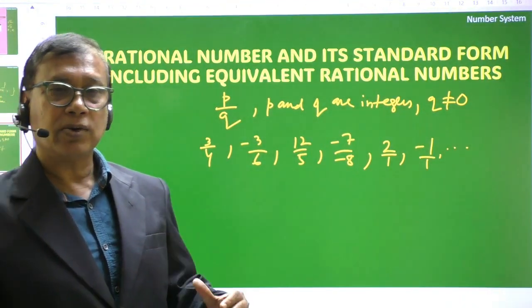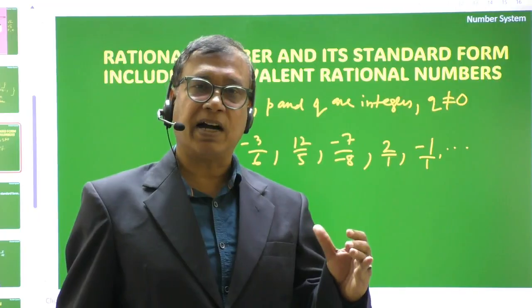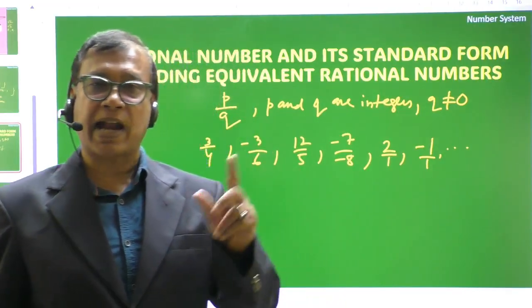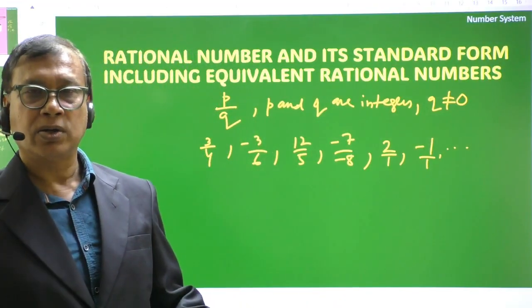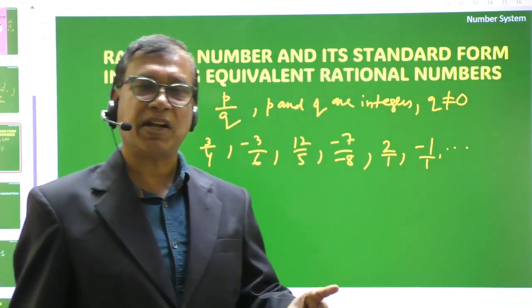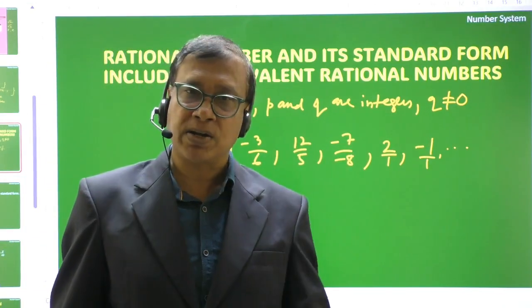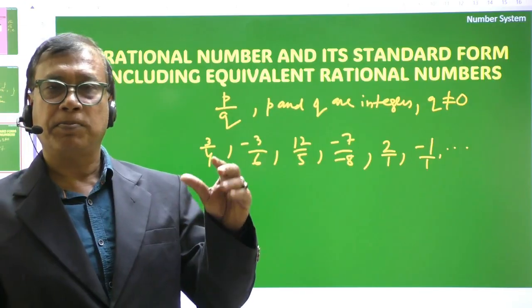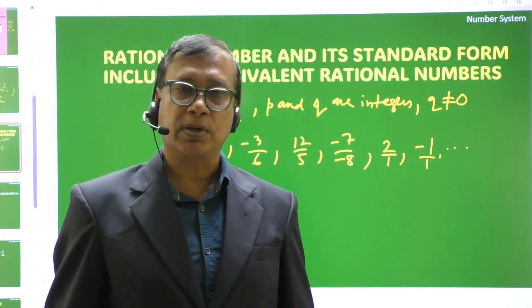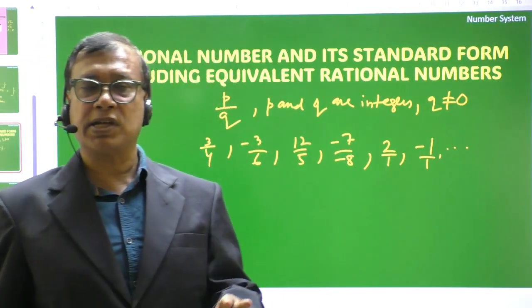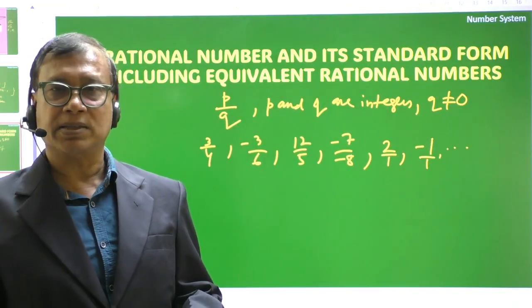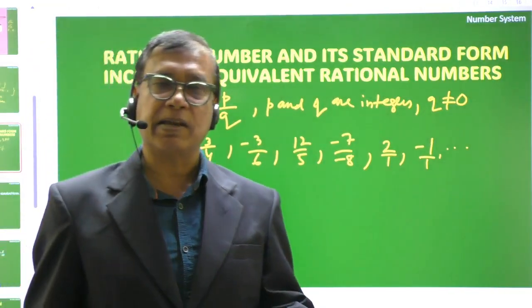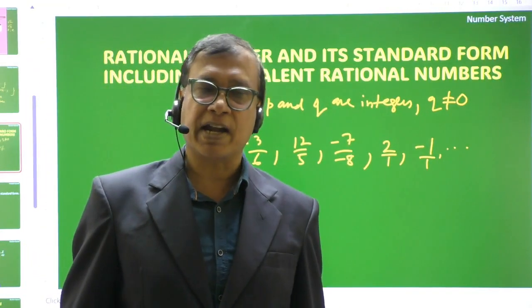So when we are checking whether the given rational number is in standard form or not, first we check whether the denominator is positive or not, then we check whether P and Q are co-prime or not. If these two conditions are satisfied, then the given rational number is in standard form. Okay?